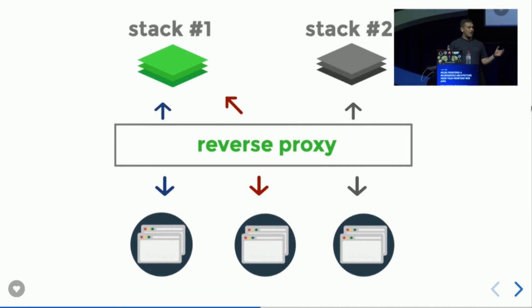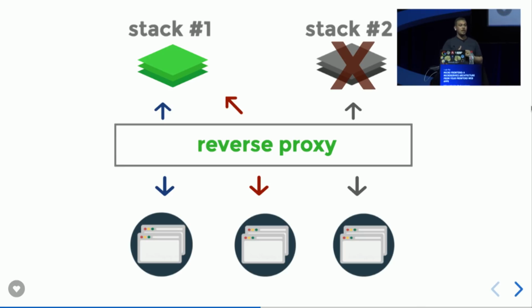Let's say that we have a monolith application with this stack, and you have a brand new stack with only one page that you want to migrate. You need a reverse proxy. Let's think about a reverse proxy like when you go to a shopping market, and they ask you, do you want to pay by cash or by card?